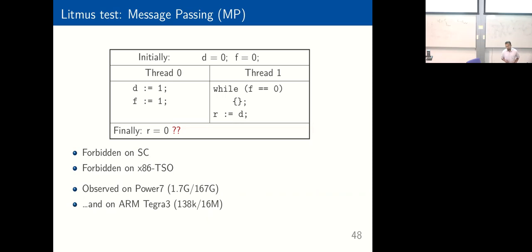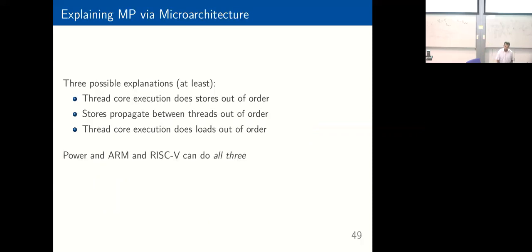So all those are possible mechanisms, any one of which would show us the questionable value for message passing, the non-sequentially consistent behavior. It turns out the later two architectures there, they do all three of them. Any one of them would have been sufficient, they do all three.